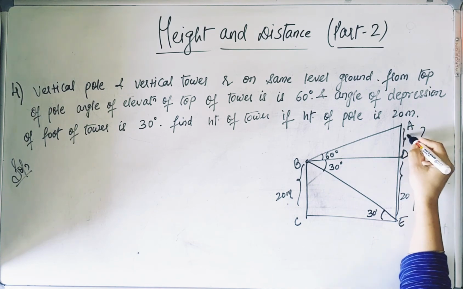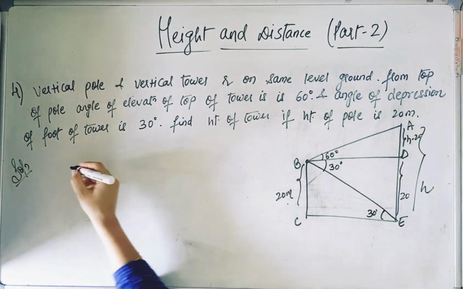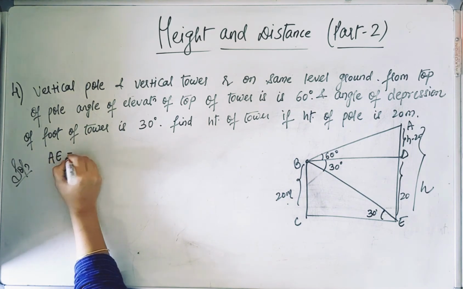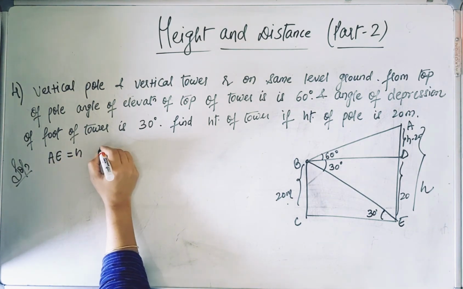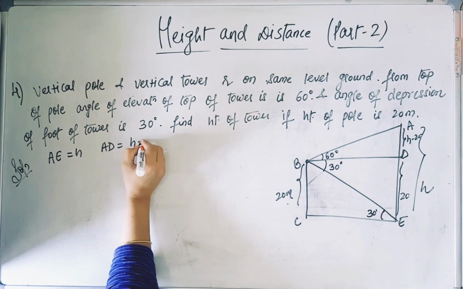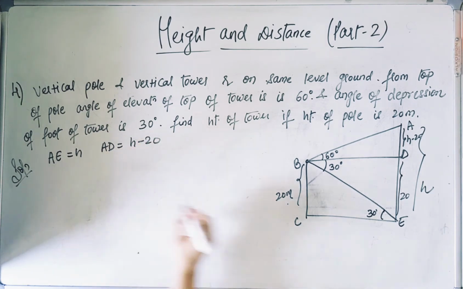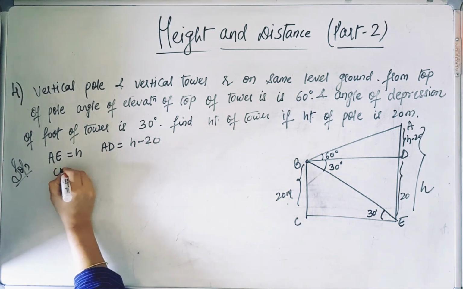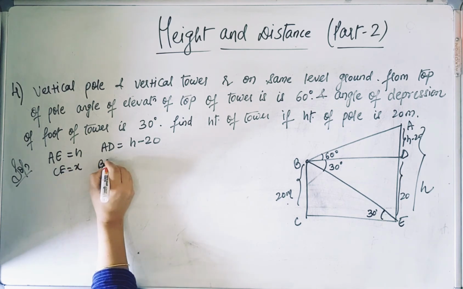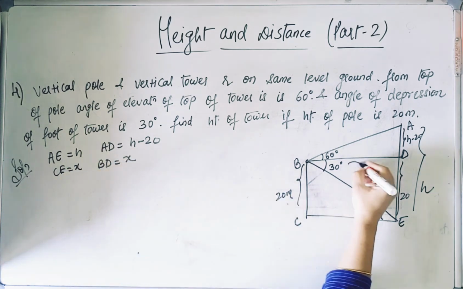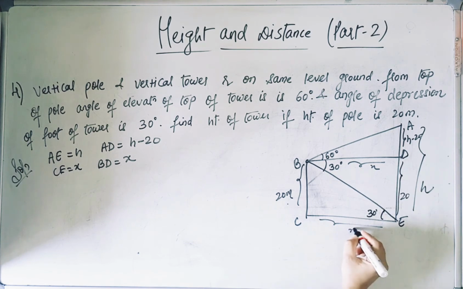So this AD will be h minus 20. What I have considered: AE as h and AD will be h minus 20. Now we consider CE as x, so BD will also be x. So this is also x and this is also x.